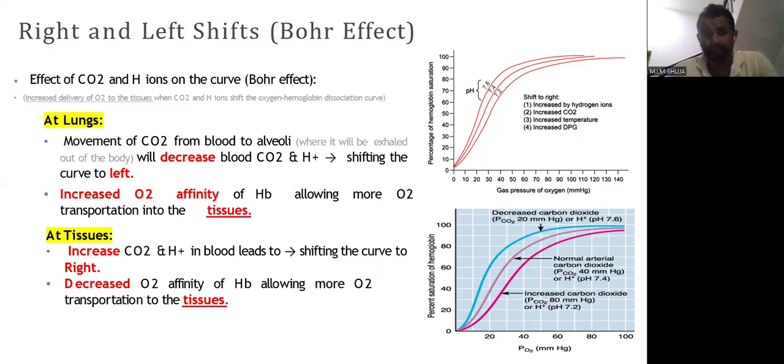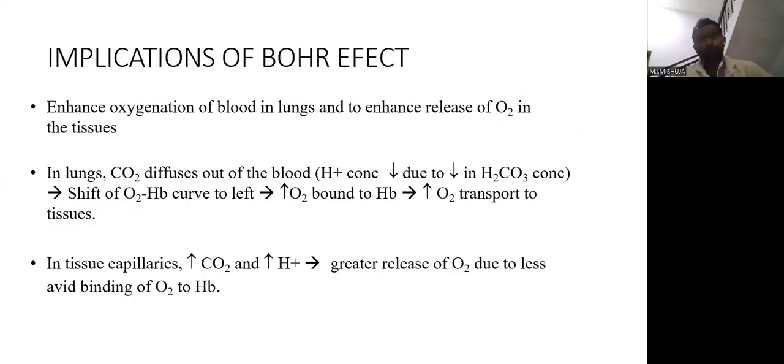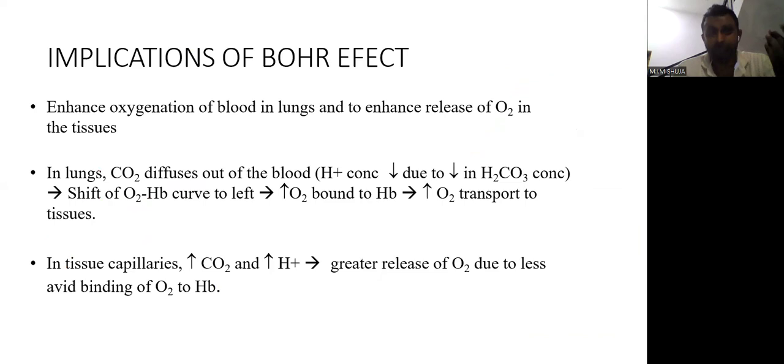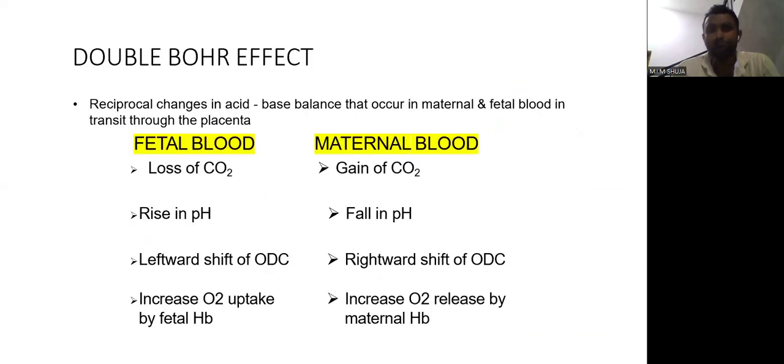At the tissue level, there's an increased carbon dioxide and decreased affinity of hemoglobin for oxygen. So oxygen is released to the tissue. Very simple. So what we saw earlier is the implication of the Bohr effect.